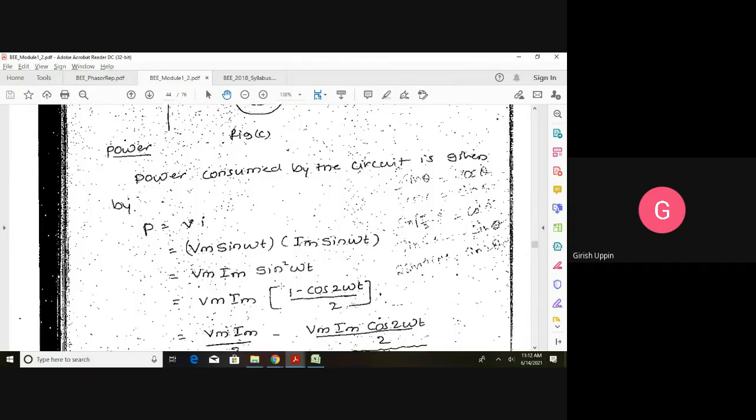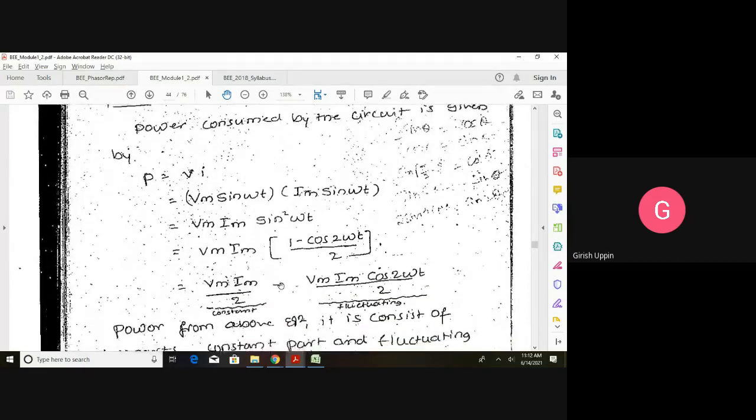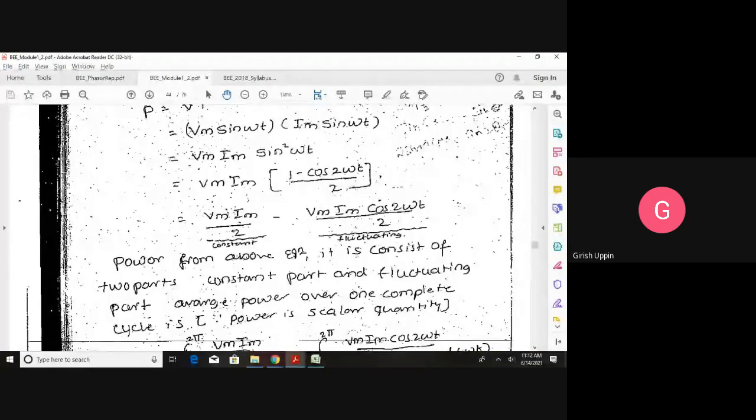And we know that sin square omega t can be represented as (1 minus cos 2 omega t) divided by 2. If I multiply Vm Im into these two, I get Vm Im divided by 2. This is one part, and minus Vm Im cos 2 omega t divided by 2. If you see here, in this part Vm is constant, Im is constant, and we have the number 2, so this part is constant.